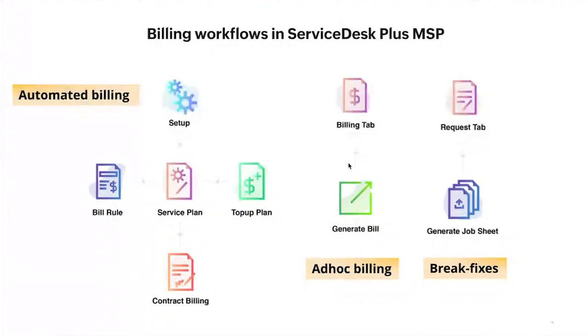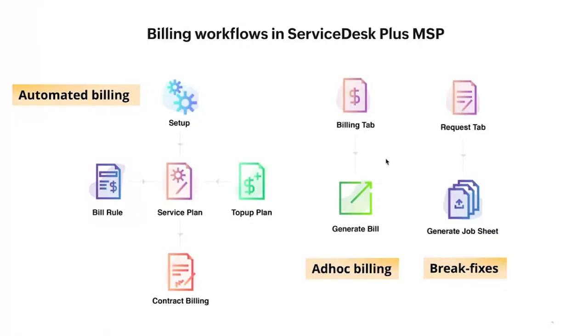So now let's check out the two other billing methods, right? You can create ad hoc bills in ServiceDesk Plus MSP. Ad hoc bills are essentially for when one of your clients reaches out to you and asks to see how much of the services they have already availed even before the contract is about to end.